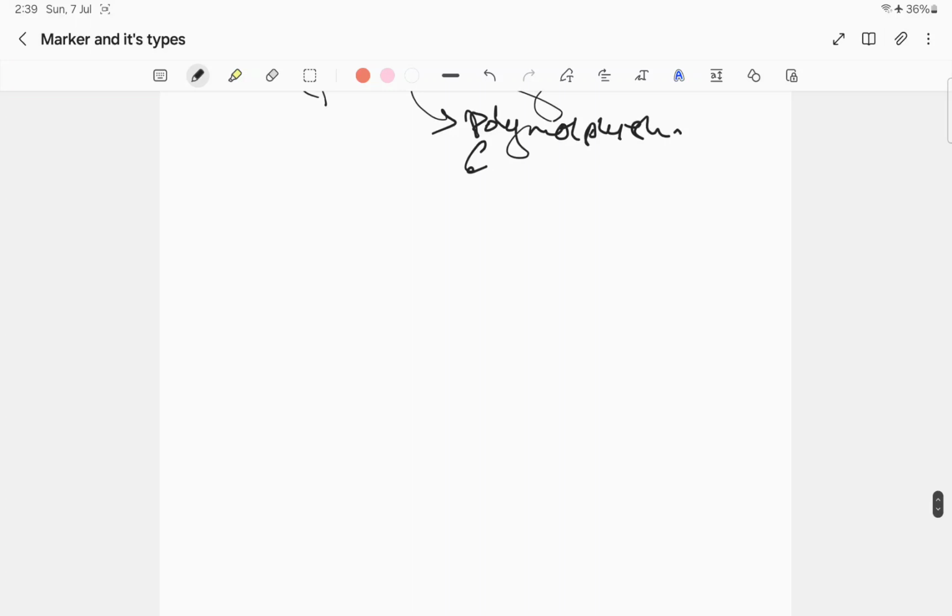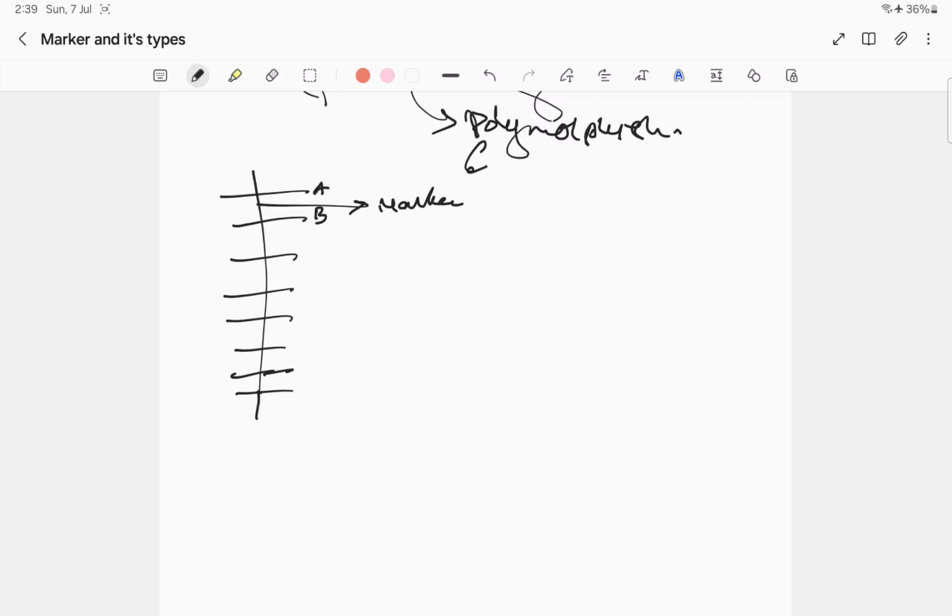And what actually the molecular marker book definition is: a unique DNA sequence used in DNA hybridization, PCR and restriction mapping techniques to identify that sequence is called a DNA marker. For example, if any DNA sequence is there, say A, B, any two sequences, here we will keep our marker, meaning any particular locus we will take as marker.